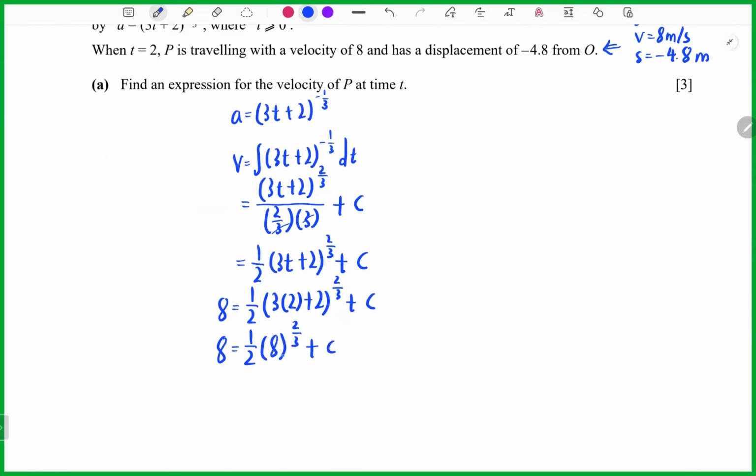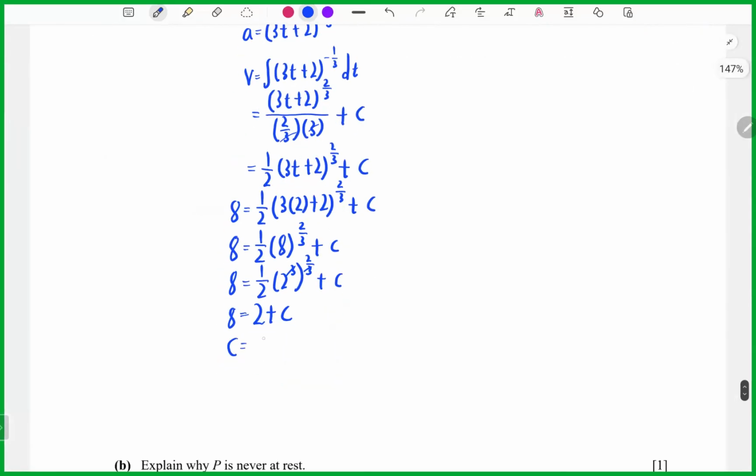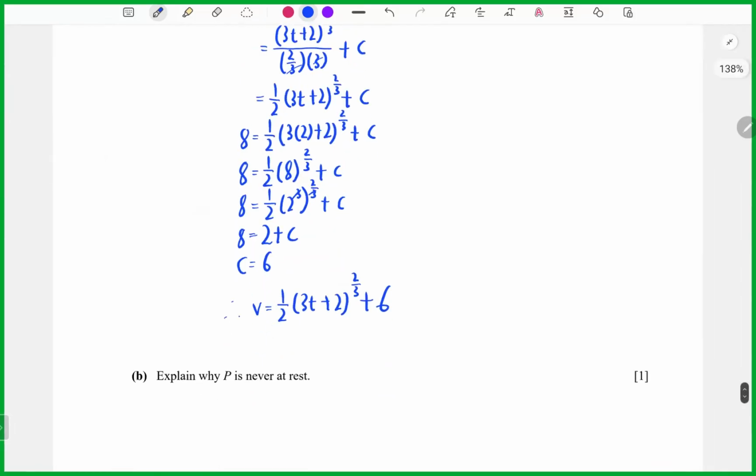I can change 8 to 2 cubed, and the 2/3 power cancels, so you will get 4. 4 divided by 2 is 2, plus C, so C equals 6. So I can write v equals 1/2 (3t + 2)^(2/3) plus 6.